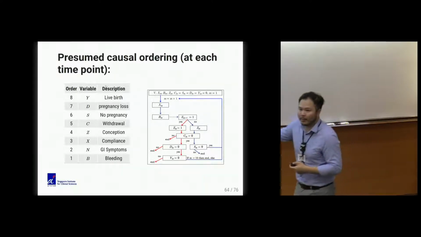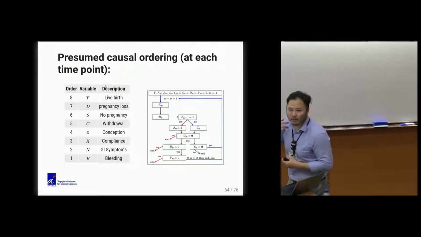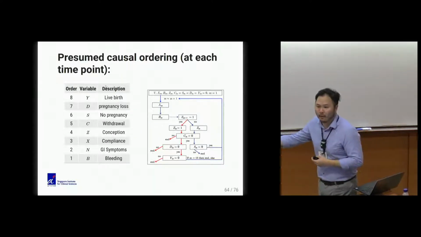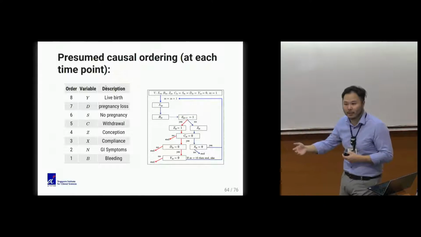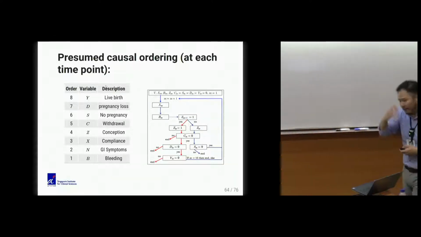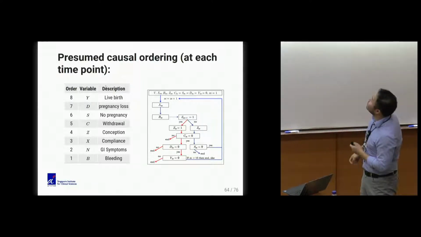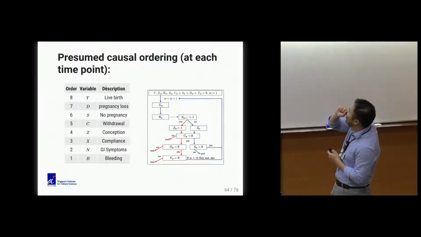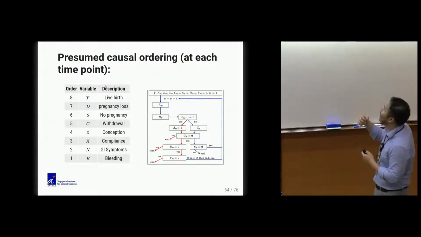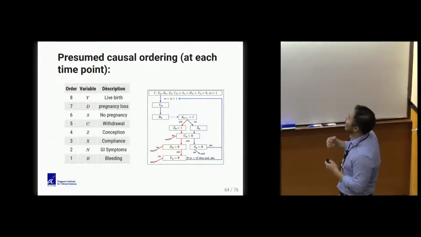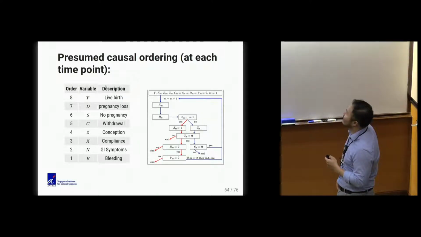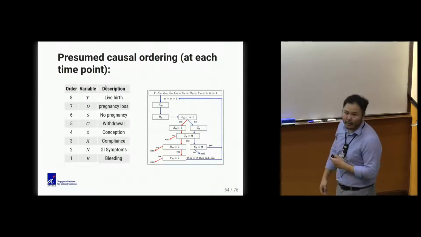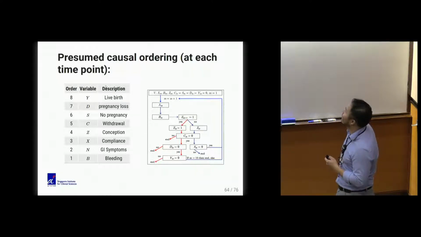So you can imagine at a certain point in time, it could be that your symptoms in the month before affect how you are complying with the medication this month. So if you had symptoms in the months before, it may affect your compliance at the observed time. So X here is the compliance. If you're compliant at this time point, it may affect whether or not you experience symptoms at that time point.